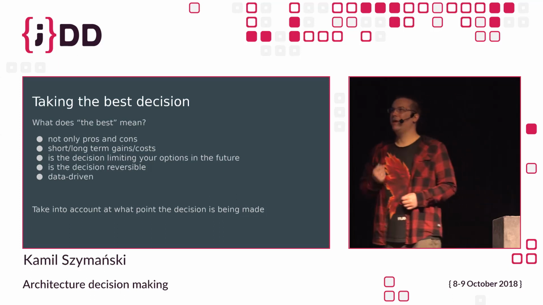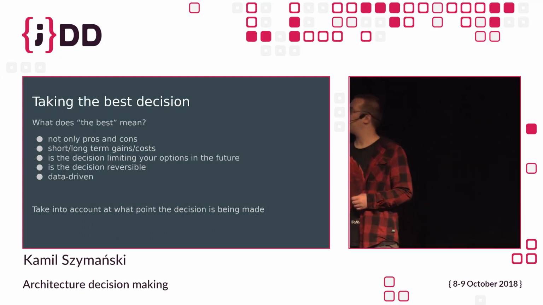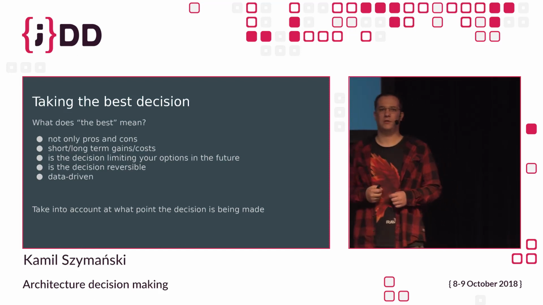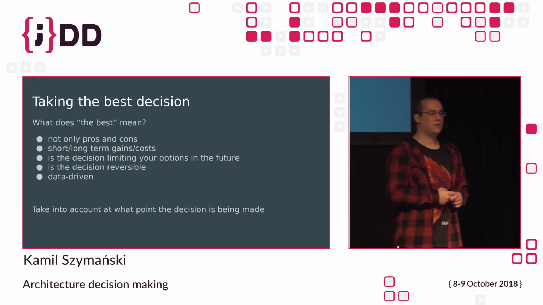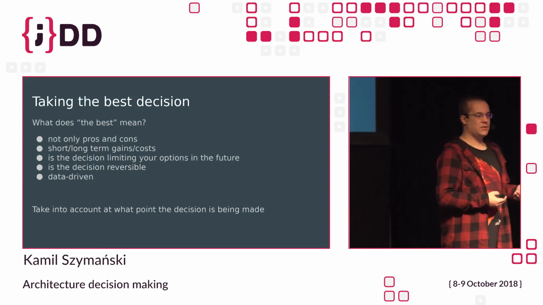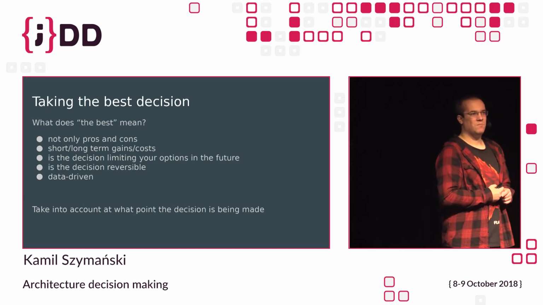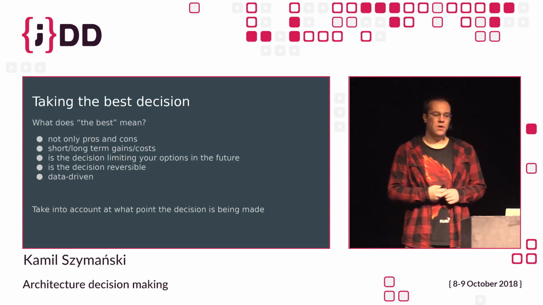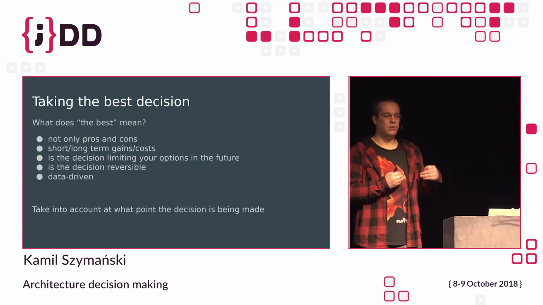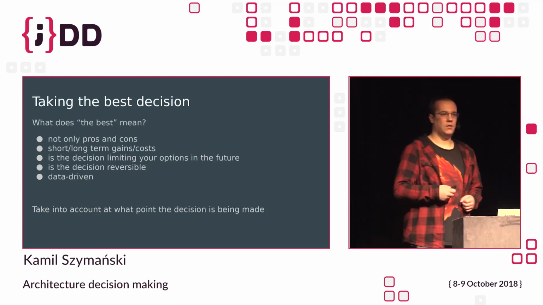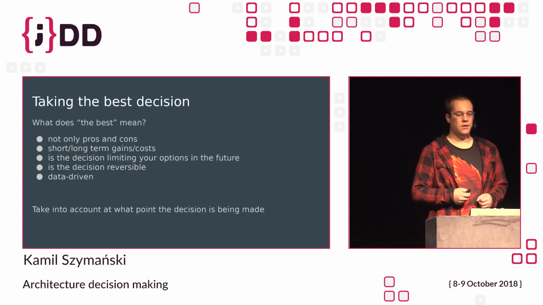It's really tricky to answer this question: what is the good, the best decision at all? Is it the decision that has the most pros and least cons? Probably not. We need to also take a look at the short and long-term gains and costs, and risks attached to that.